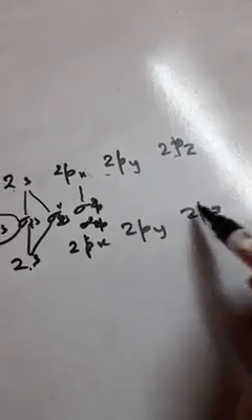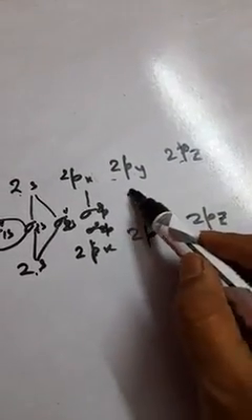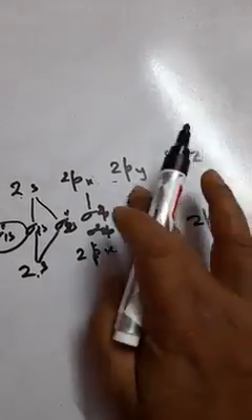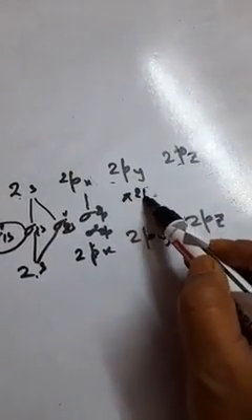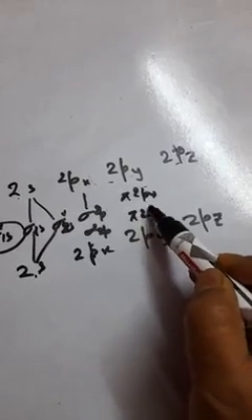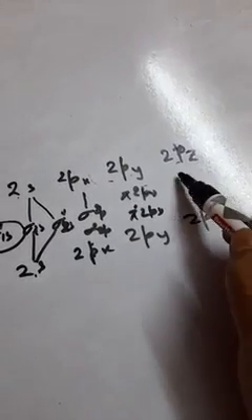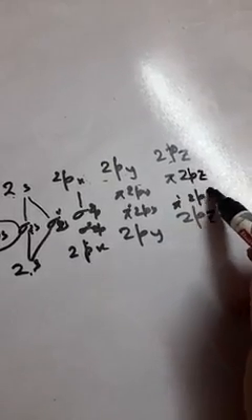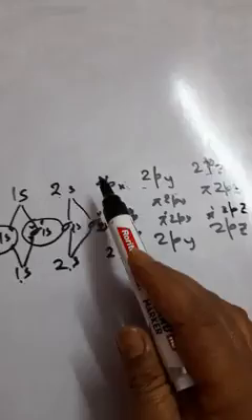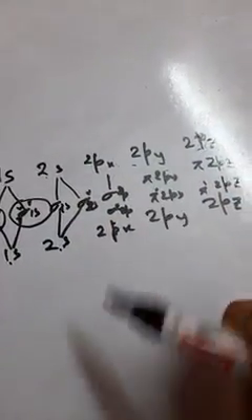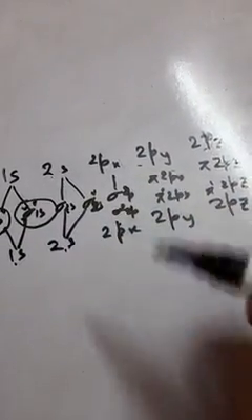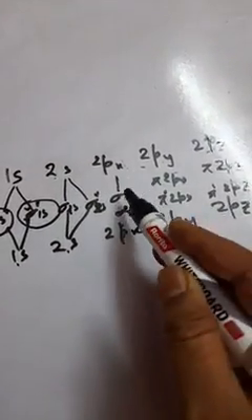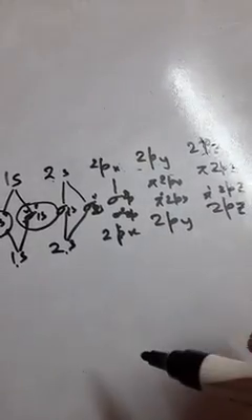And when there is lateral overlap in the remaining two, they will form pi 2py, pi star 2py, and then pi 2pz and pi star 2pz. Okay, so all the orbitals are overlapping in two ways. One forms the bonding part, another forms the antibonding part.